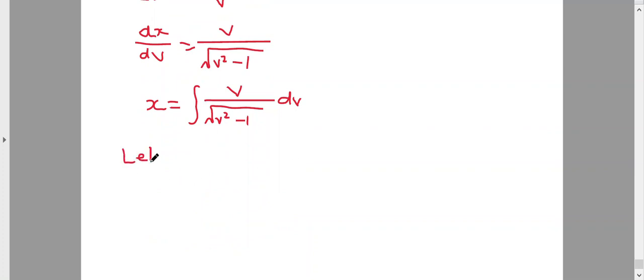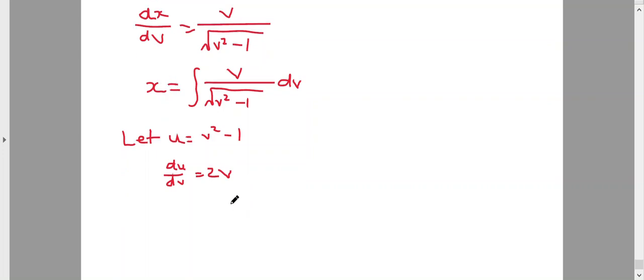So continuing on with this one, we have to let u equal v squared minus 1, du dv equals 2v, which implies a half multiplied by du dv equals v. The reason why I've rearranged that for v is because there's a v on top of my integral up here.